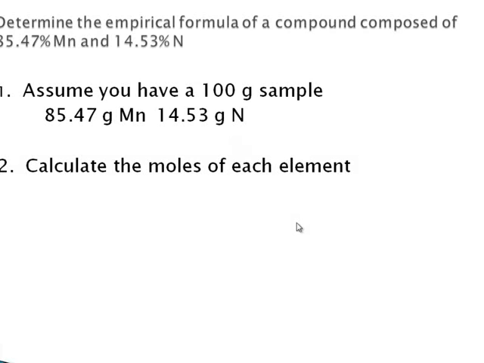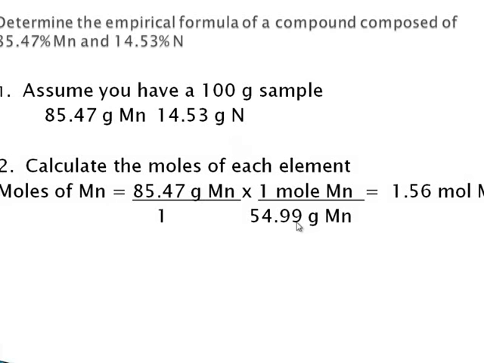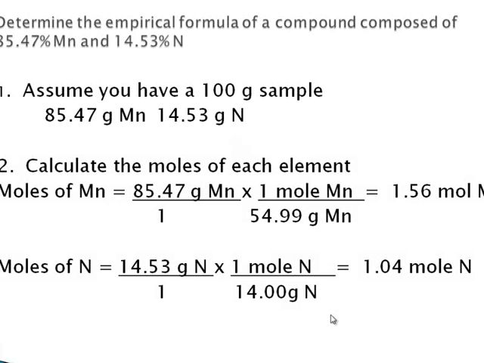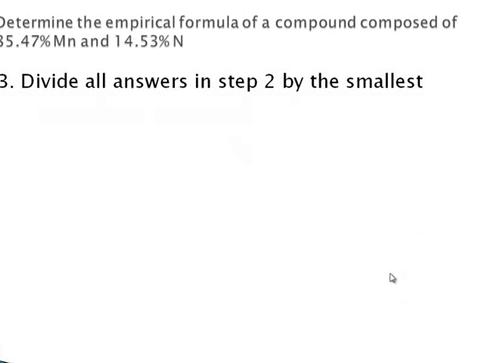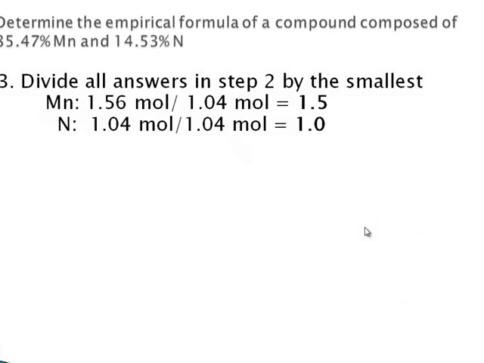I have to figure out the number of moles for each element, and for manganese I end up with 1.56 moles, and for nitrogen I end up with 1.04 moles. So I'm going to divide both of these by the smaller of the two numbers, which is 1.04 moles of nitrogen, and when I do that I get 1.5 for manganese, and nitrogen is 1.0.